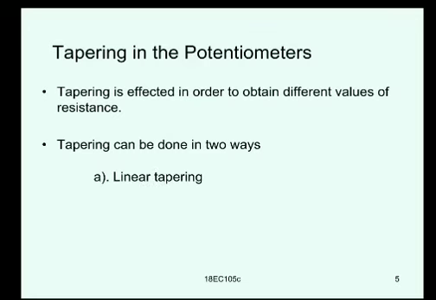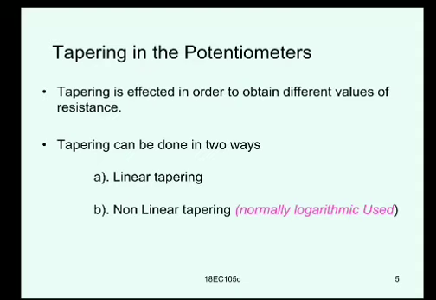The first one is the linear method of tapering, then the non-linear tapering, and normally in the non-linear method the tapering used is the logarithmic way. That means as we move the shaft or the wiper, the resistance of the potentiometer changes logarithmically, that is, it follows the graph of a logarithm.